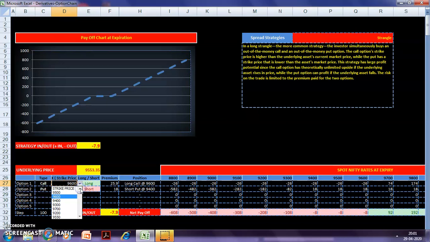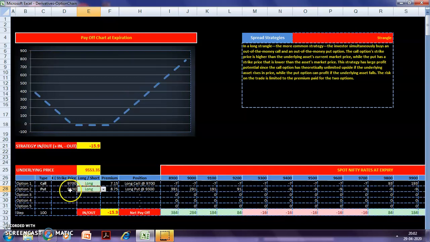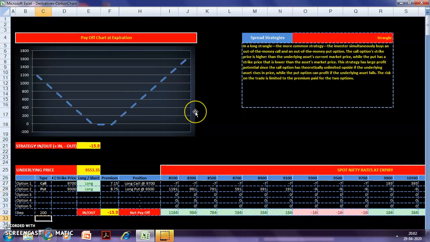The underlying price is 9553, so we buy, say, a 9700 call, and an out of the money put option, say 9400. So we buy both of these. And we increase the step size so that you can appreciate. So you see, you bought an out of the money call and you bought an out of the money put.